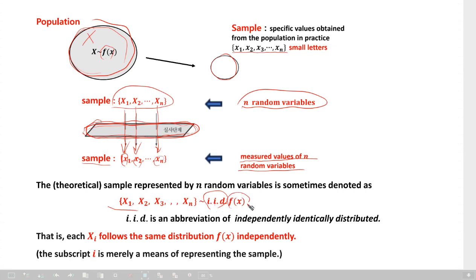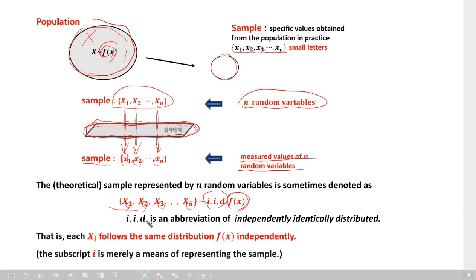Identically what? F of x. The n random variables follow this distribution. What is this? The population X distribution. Xi follows the same distribution f of x independently. Get it? You may ignore the subscript, x1, x2, 1, 2, 3, n. It just represents the sample. You can ignore subscript i.